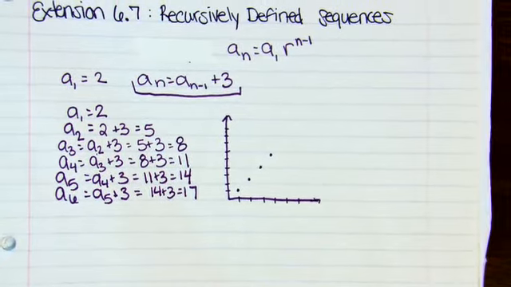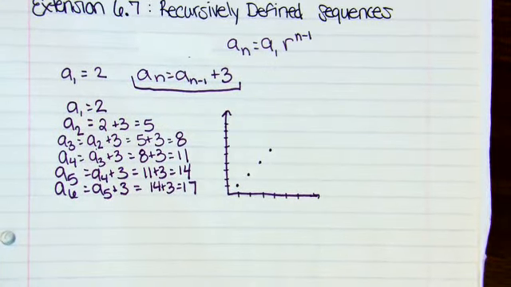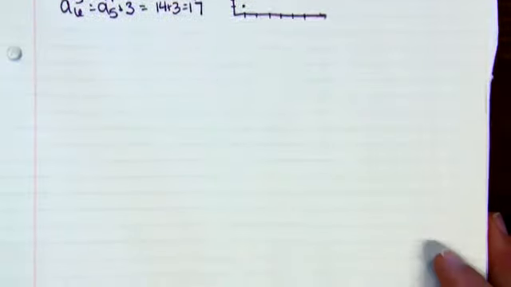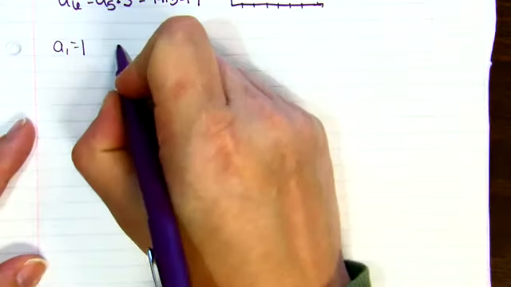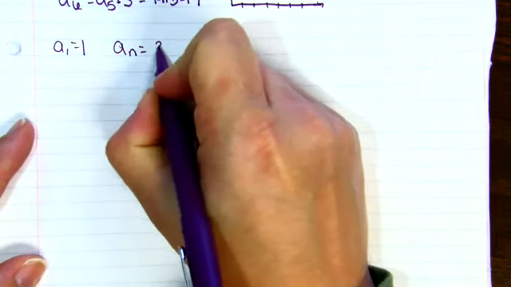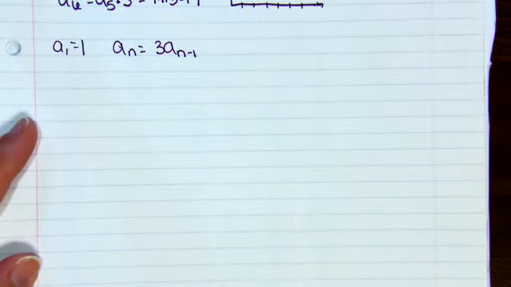We can do the same thing, though. This was an arithmetic sequence, but we can also look at a geometric sequence. To do that, let's say our first term is 1, just to make it easy, and our nth term is 3 times the term before. So my first term is 1.